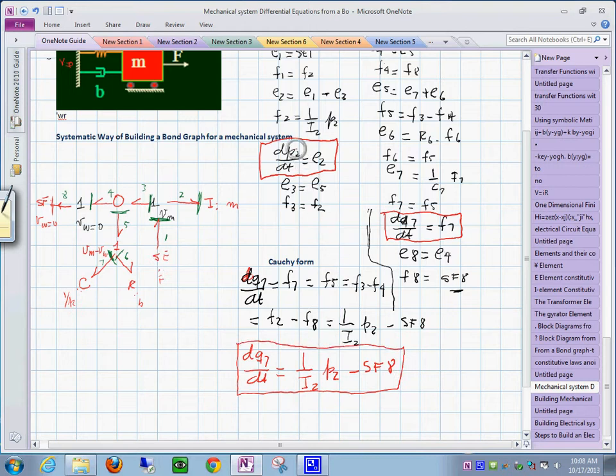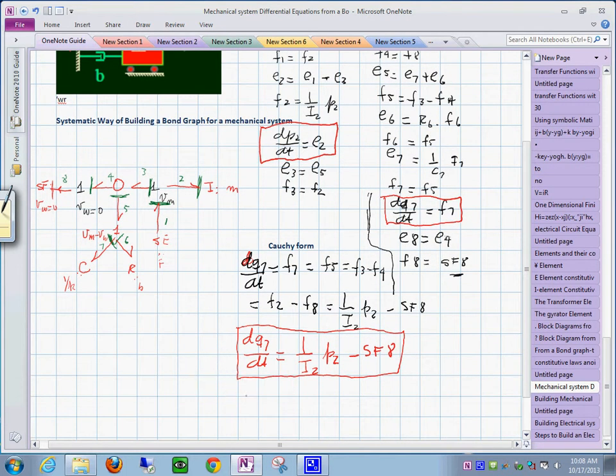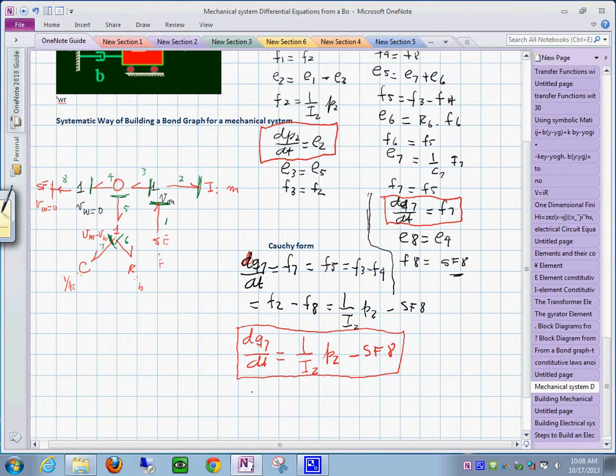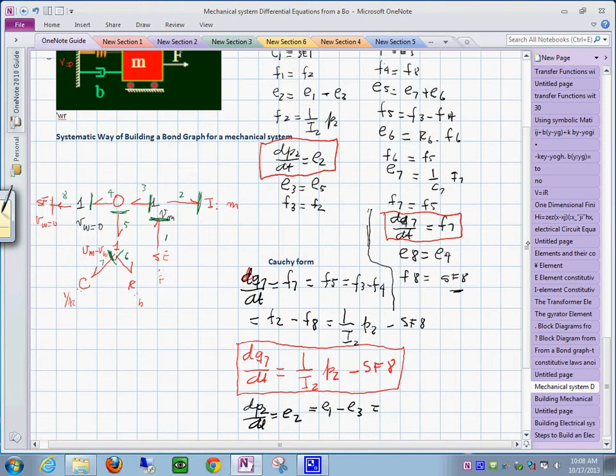And then I need to do it for the other one. dp sub 2, let's change colors again, and then here we say dp sub 2/dt is equal to e sub 2 right here, and e2 is e1 minus e sub 3. And what is e1 up there?